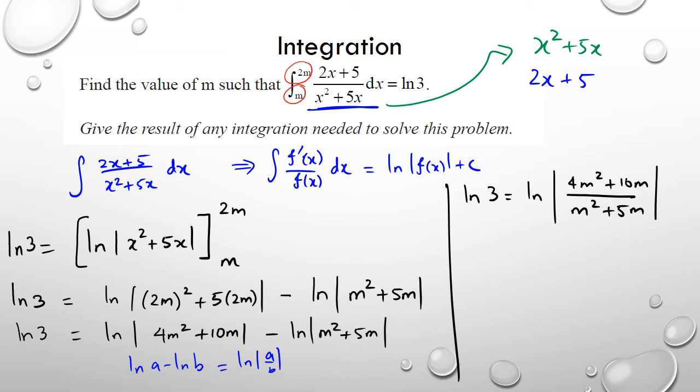Okay? Now I can eliminate the natural logs because it's natural logs on both sides. I can get rid of the ln's and all I have is 3 equals 4m squared plus 10m divided by m squared plus 5m. Is that okay? What I've done there, folks?